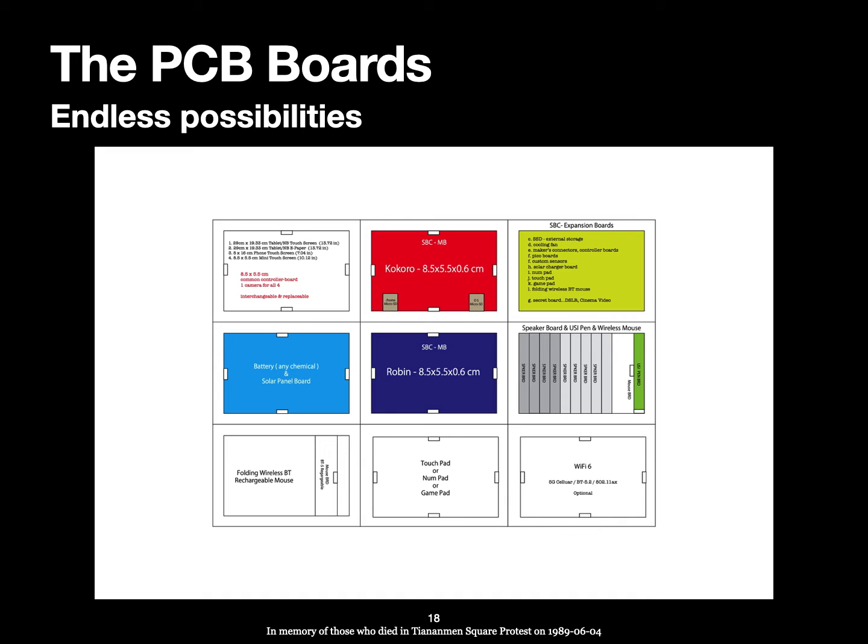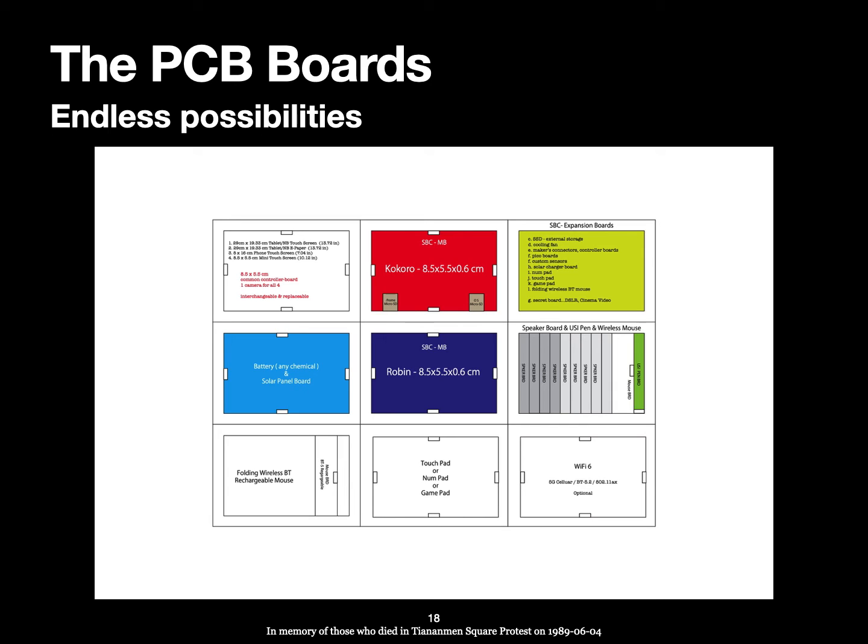If you look at the middle right, this board can be divided into multiple pieces when we use it. Here you see 8 speaker boards, 1 PCB board for the folding mouse, and 1 PCB board for the USI pen.